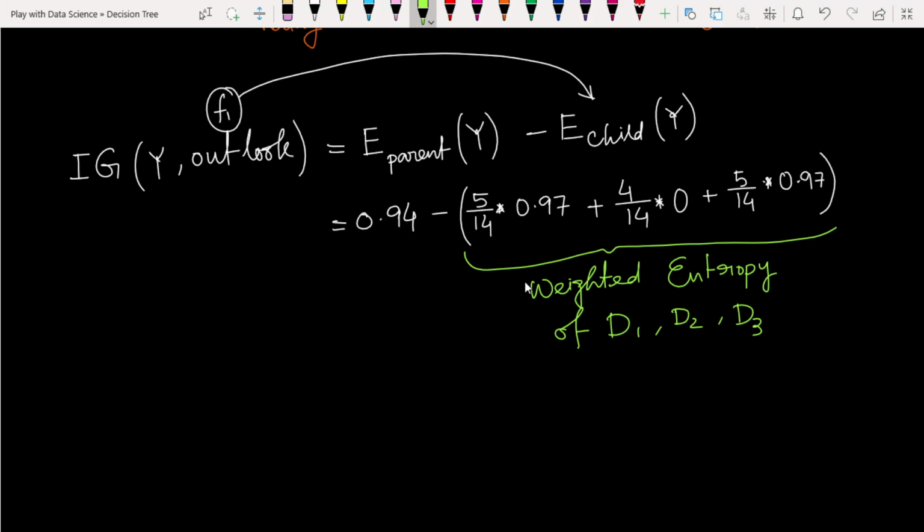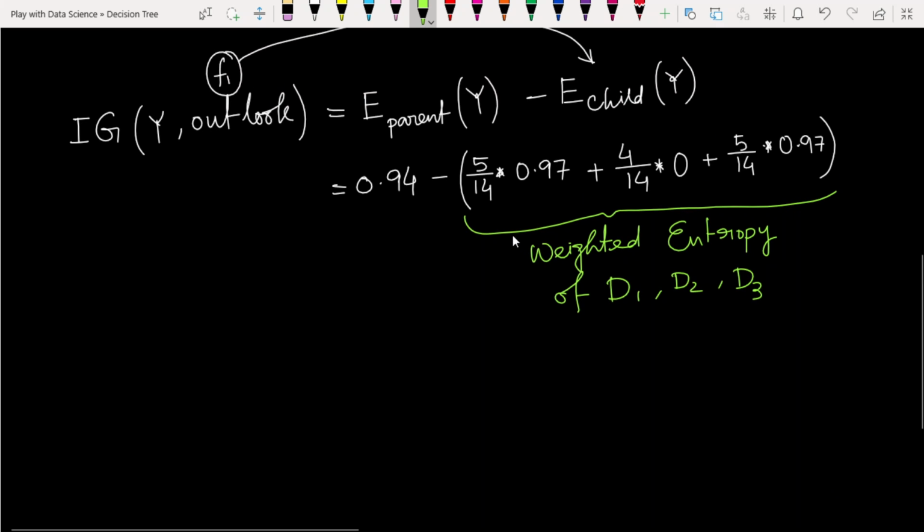This thing is called the weighted entropy. If you just calculate this thing, what will be the value? Just calculate it.